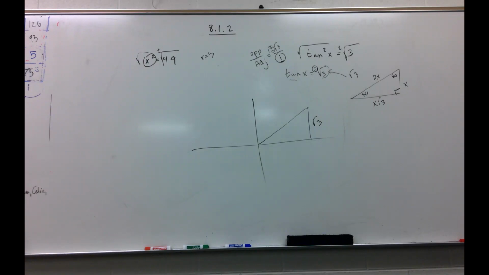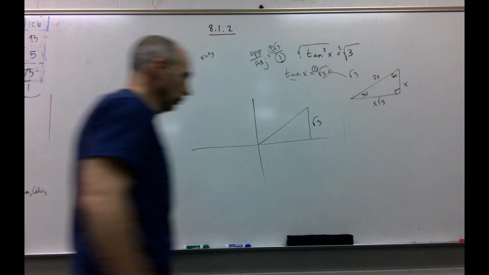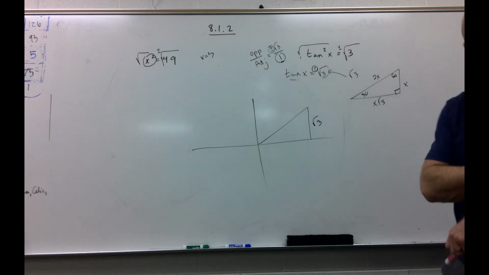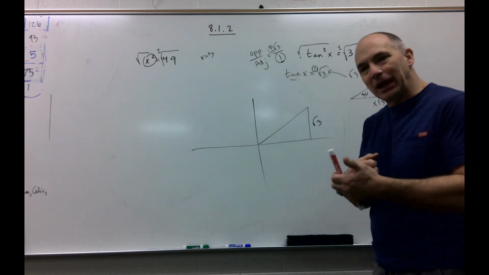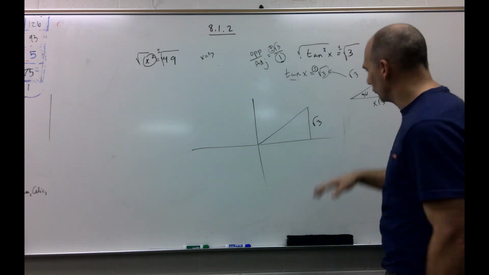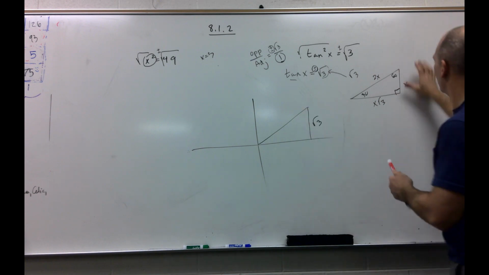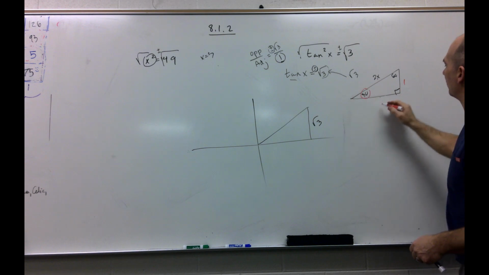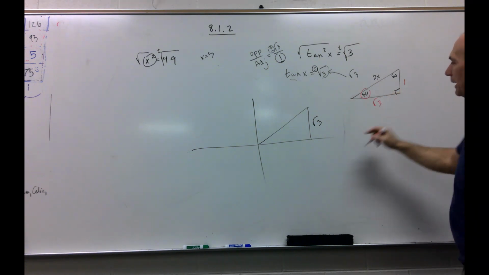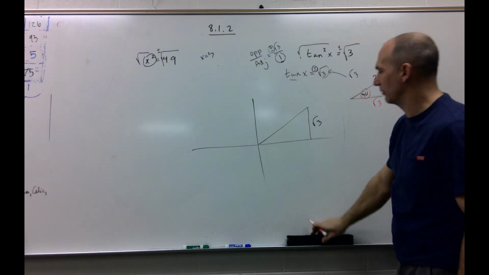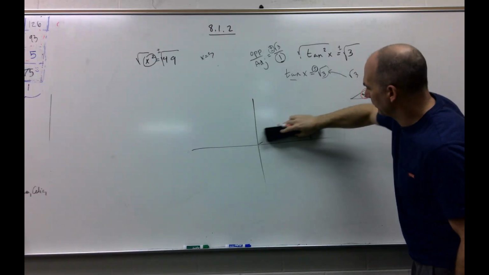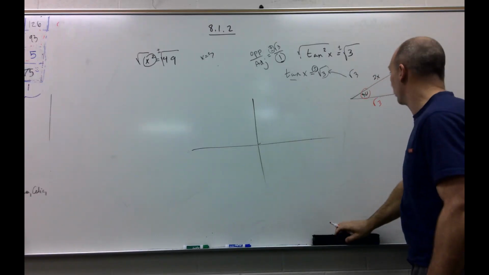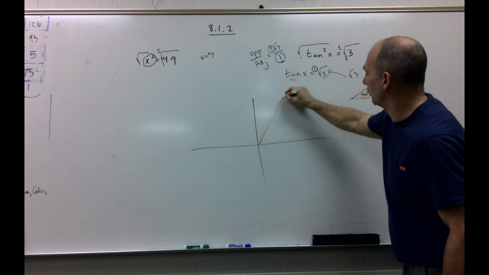Okay, so just to be really honest with you, I'm such a visual person, I need my 30, 60, 90s drawn perfectly, and this one just messed with me, because if this is 1, side opposite my 30, then my side opposite my 60 has to be the square root of 3, and this is looking like a 30 to me. That's why it threw me. So everything's good. I just have to be more careful with my drawing.